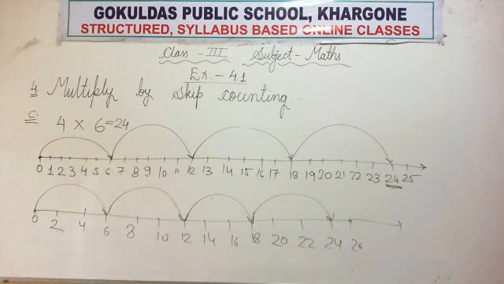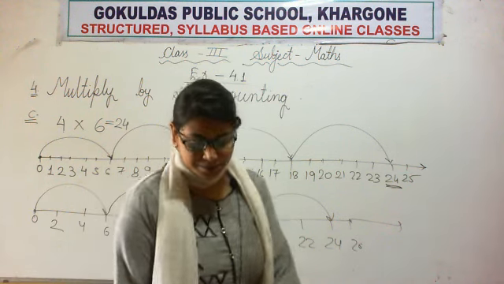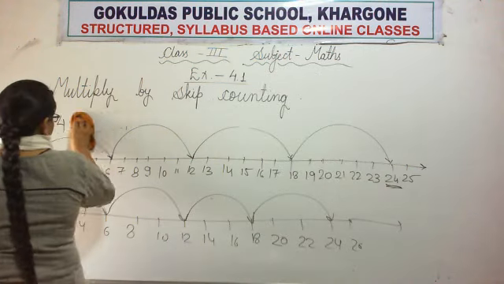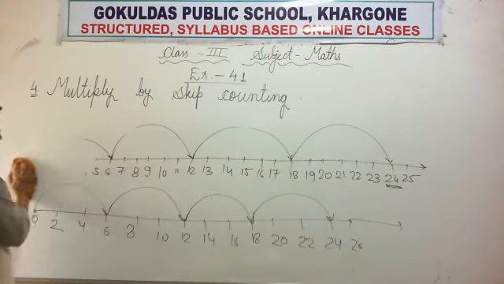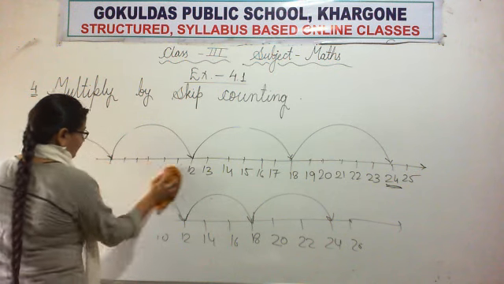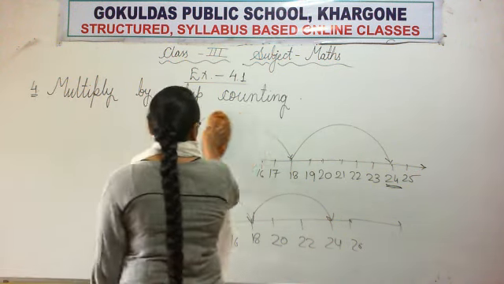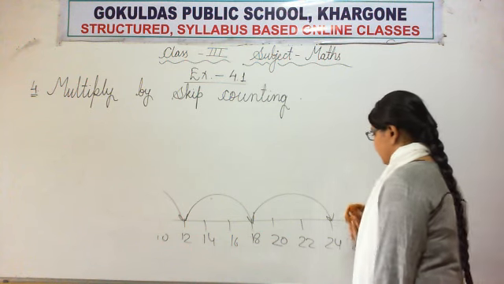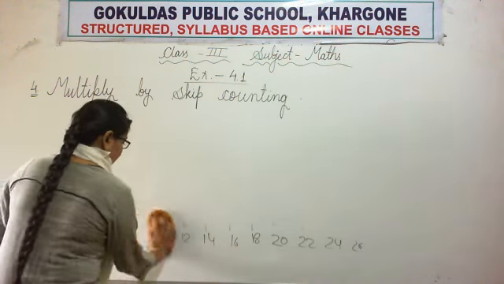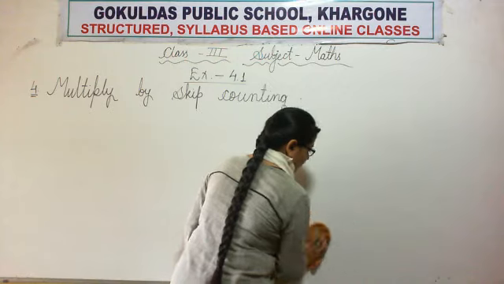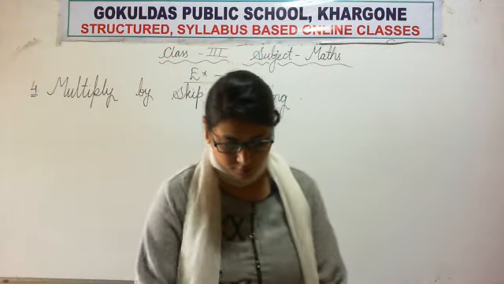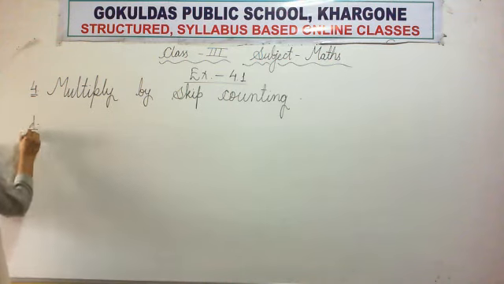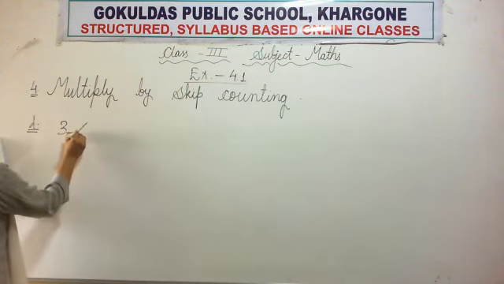Okay, so moving toward the last question of the exercise. That is part D of the same question. Part B, 3 into 2.